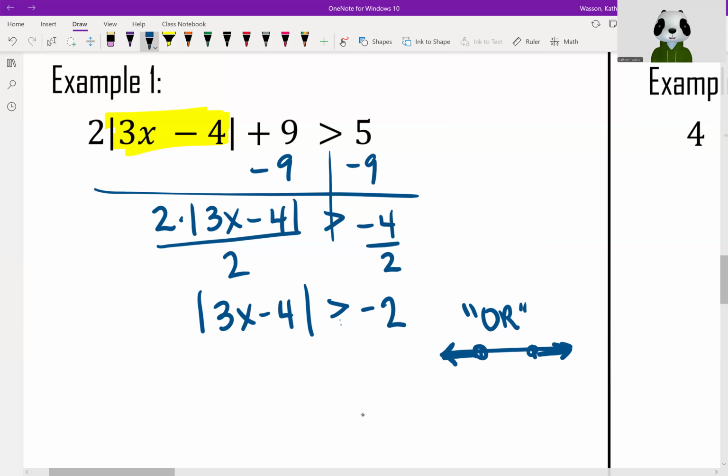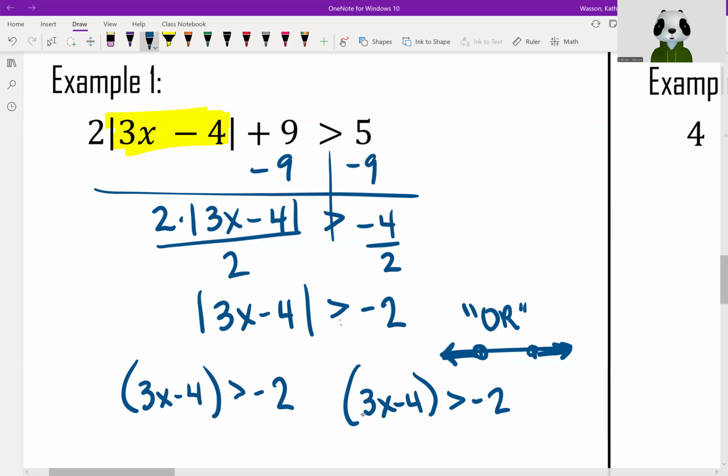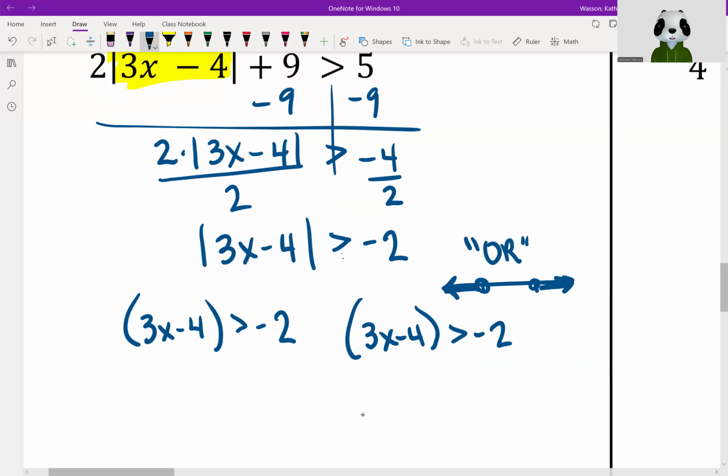To continue solving, I take the absolute value brackets off and put everything inside in parentheses instead. So I can make two groups with 3x minus 4 greater than negative 2, and one will be the positive direction and one will be the negative direction.